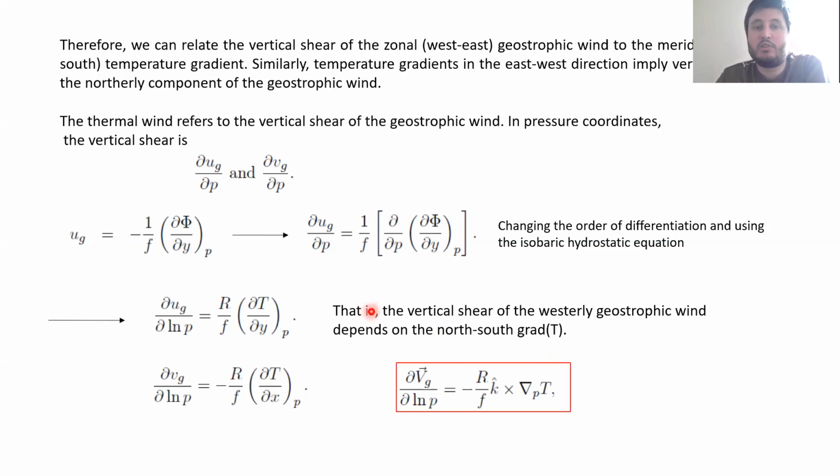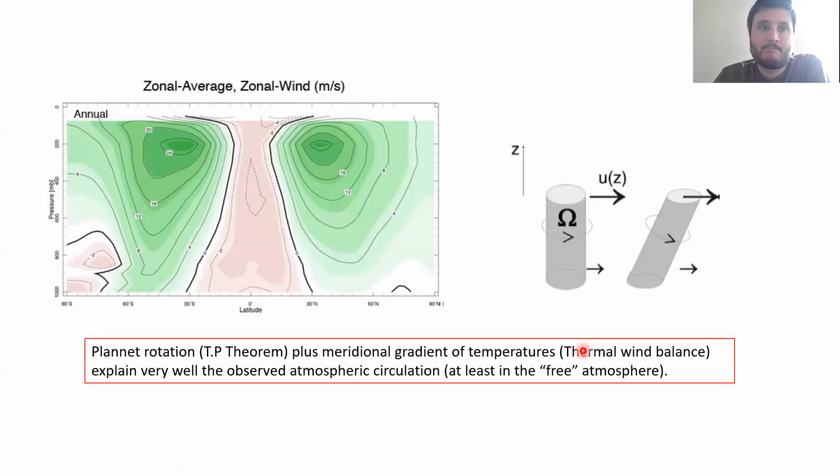So basically what we see is that the vertical shear of the westerly geostrophic wind depends on the north-south gradient of temperature. And now we can put these two things together. We've seen that the rotation imposes a big constraint on the movement. So the movement is not chaotic because the planet is rotating and it imposes rigidity.